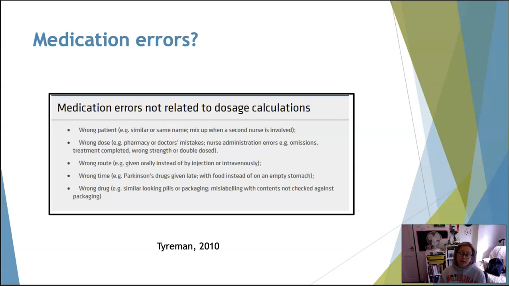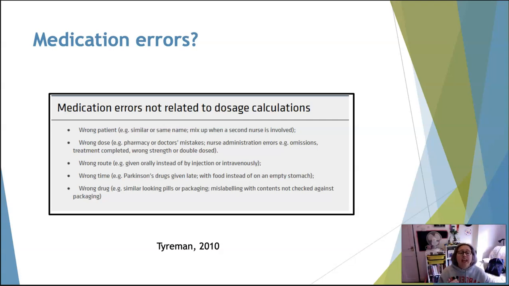Or it might be that the wrong drug has been given. So again, similar looking pills or packaging. It might be mislabeling, with contents not being checked against the packaging. As I said, it's very easy if you're putting out 4 or 5 medications for a patient, that when you're popping the little foil packets back into the boxes, 2 of the boxes have been mixed up, and then the next person's come along, not checked, and ended up giving the wrong medication to a patient, even though they thought they got the right box out.